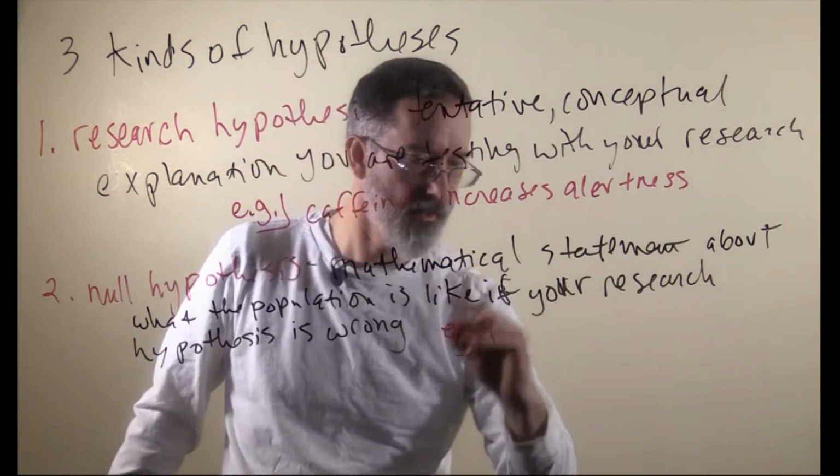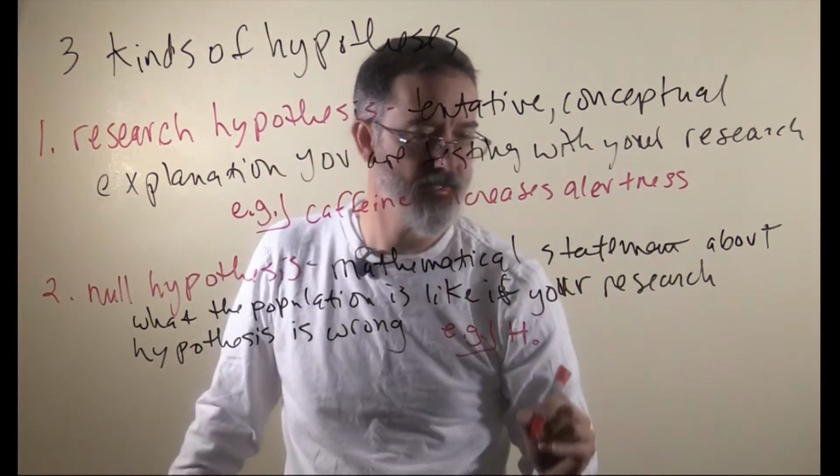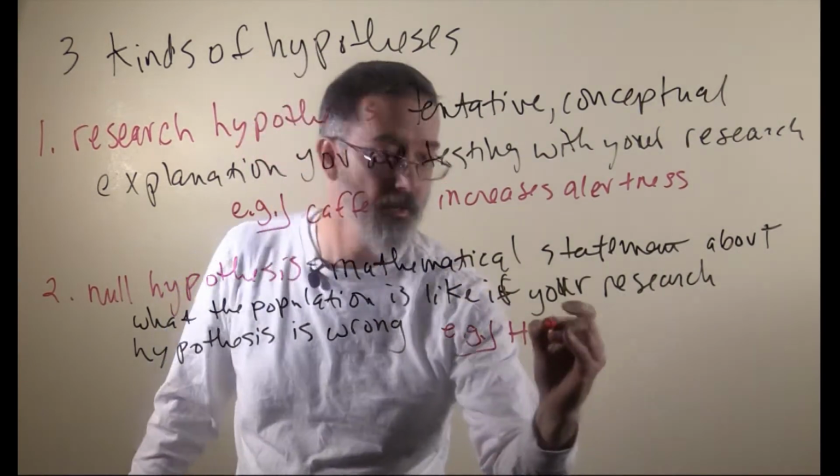So for example, you would write it H sub 0, it's also called H sub naught, colon.